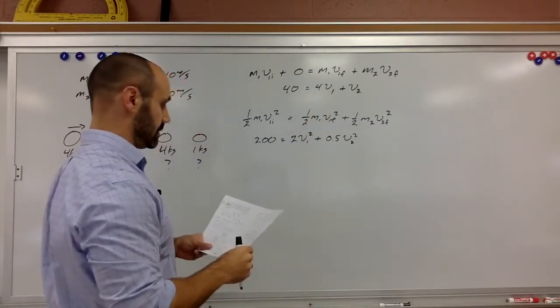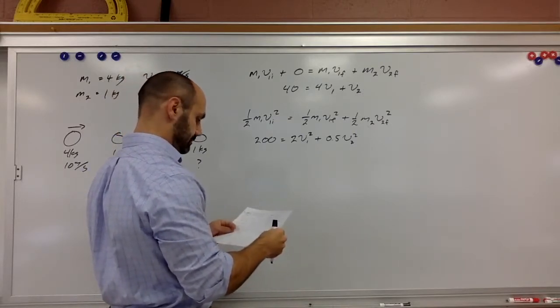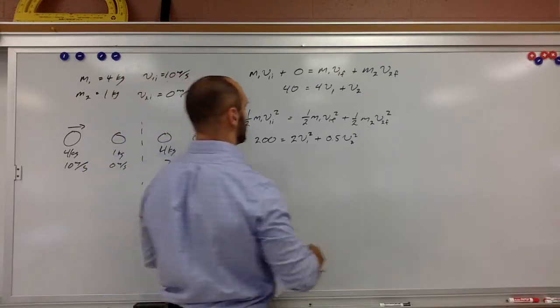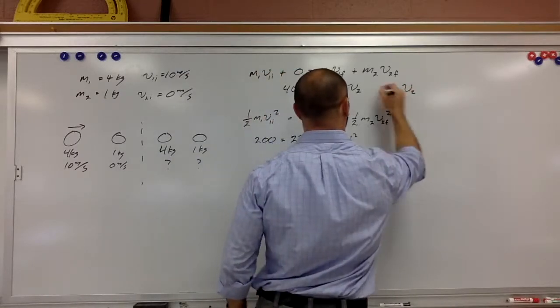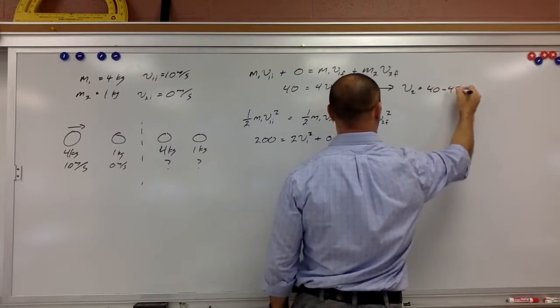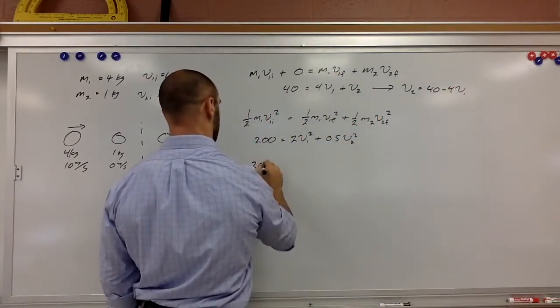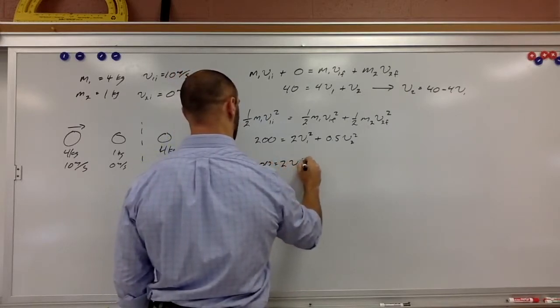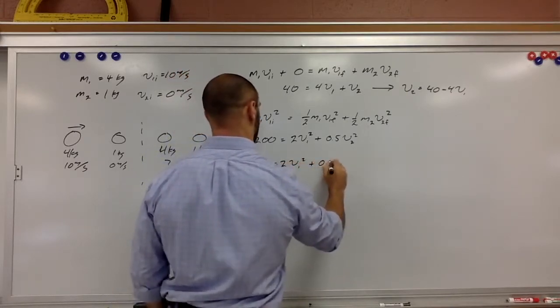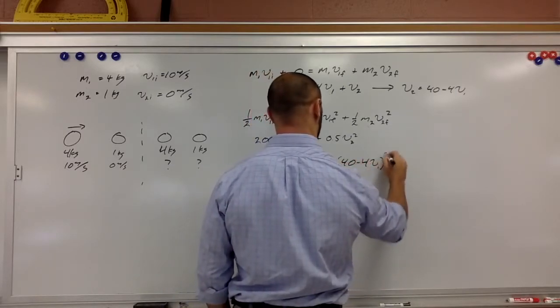And so what I'm going to do is I'm going to solve for V2. So here V2 equals 40 minus 4V1. Now I'm going to plug this into here. So I'm going to have 200 equals 2V1 squared plus 0.5 times (40 minus 4V1) squared.